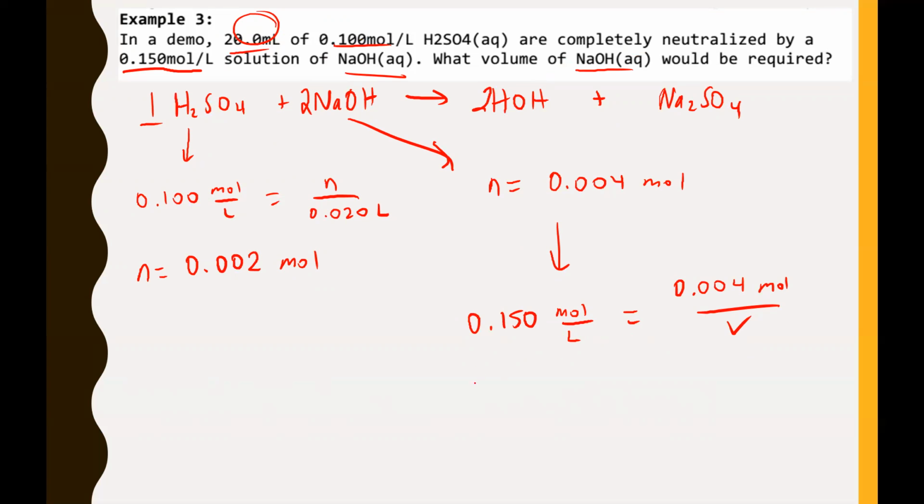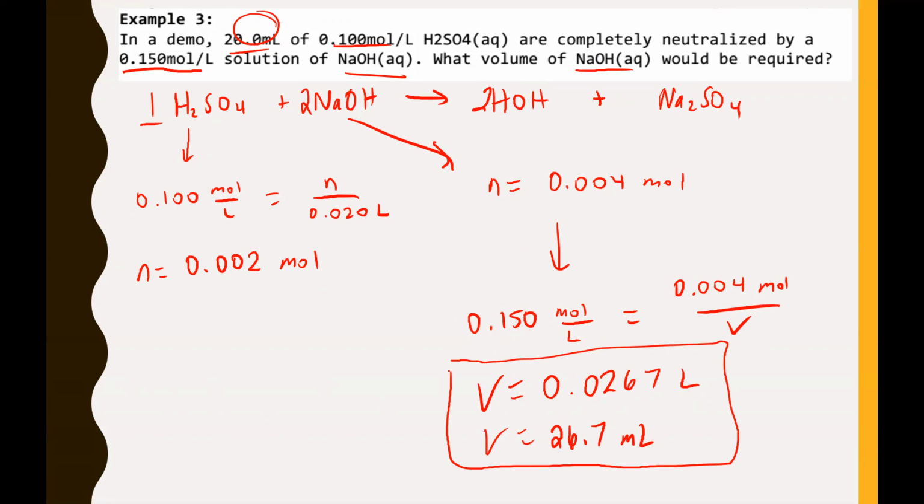Multiply by V, divide by this, you're going to find that your volume is going to equal, rounded to 3 sig digs here, 0.0267 liters. That would be a good answer, but that's kind of uncomfortable. If you just times this by 1,000, you'll see that that's 26.7 milliliters. So regardless, however you wanted to put your answer, that would be what you could do there.